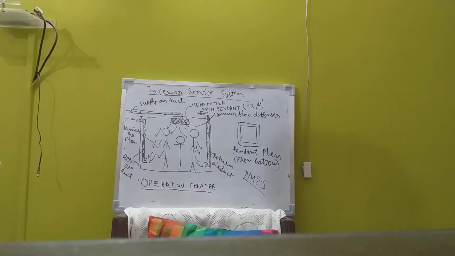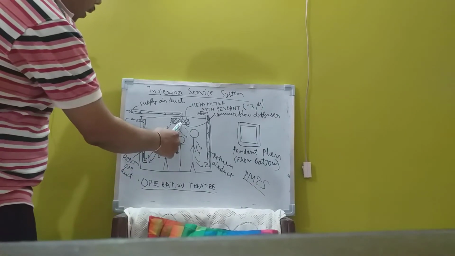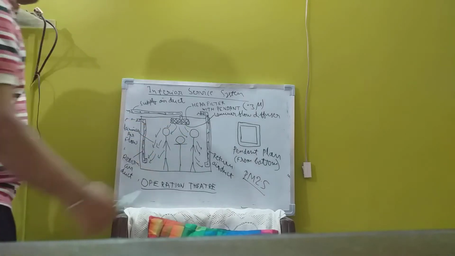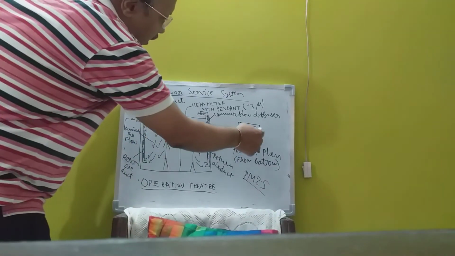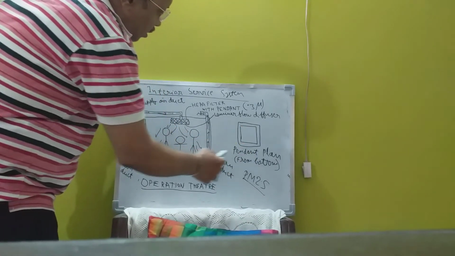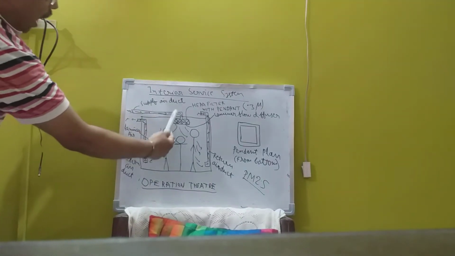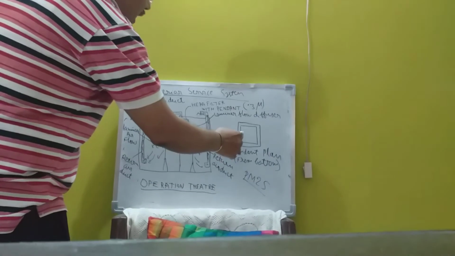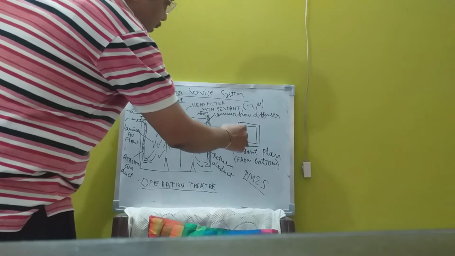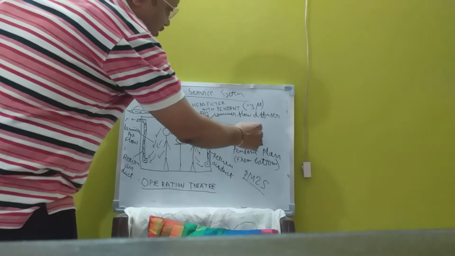Now how it looks. This is the pendant above, the pendant along with the HEPA filter or fan filter. If you see from the bottom, how the patient will look, the pendant like that, this pendant like that, he will look from top. That is a plan view from the bottom. In the middle there will be the HEPA filter, and on the side there will be lights.